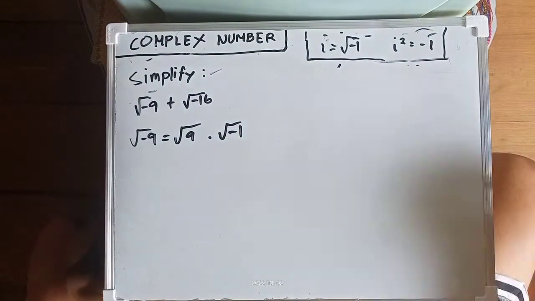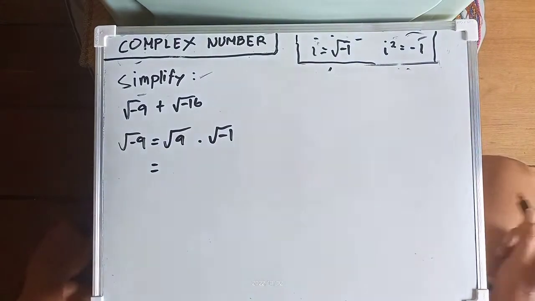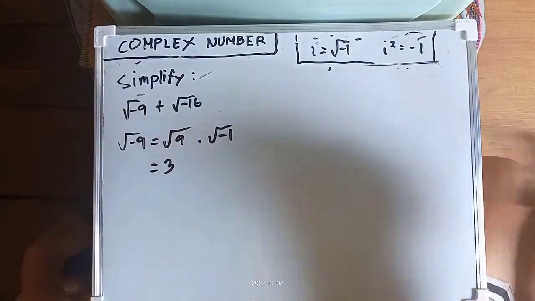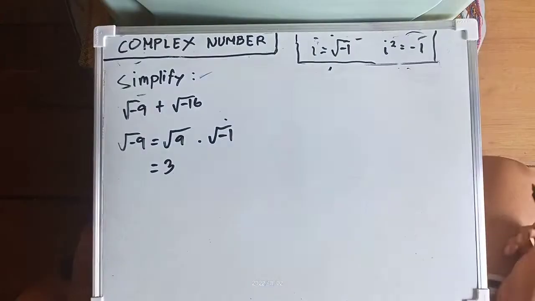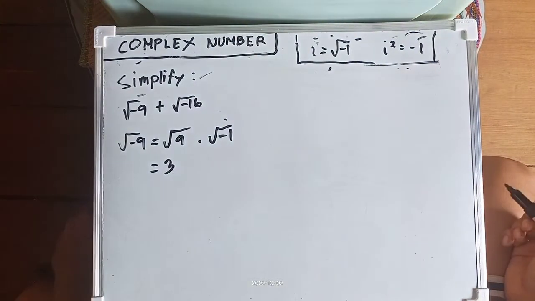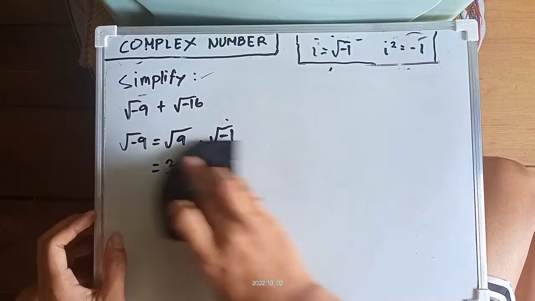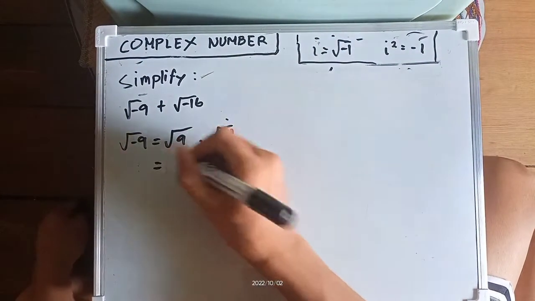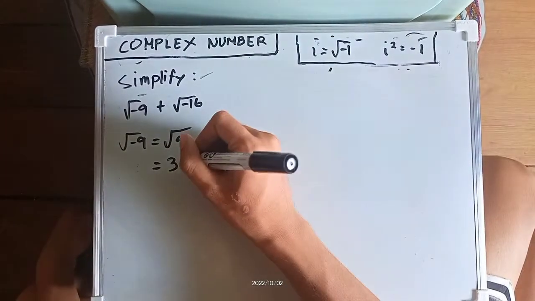The square root of 9 is simply 3. And as we remember, the square root of negative 1 has the value i, so we just change it into i. Therefore our answer in this solution is simply 3i.